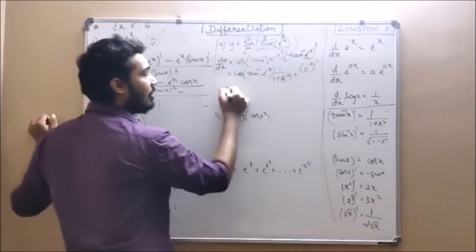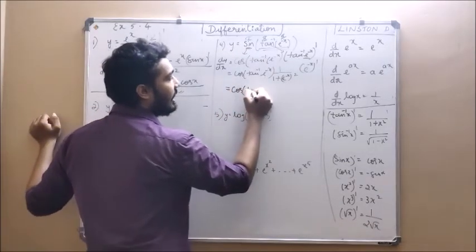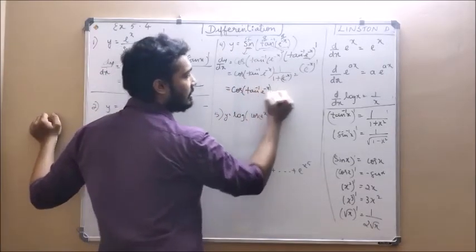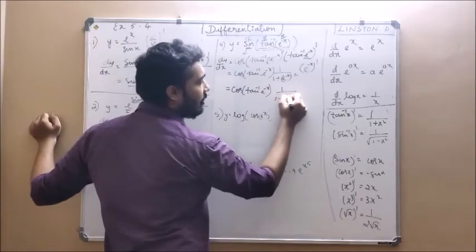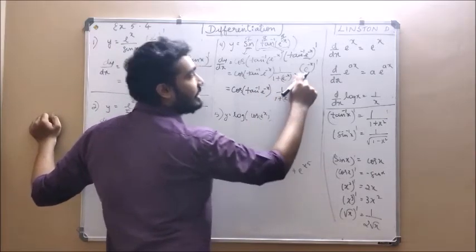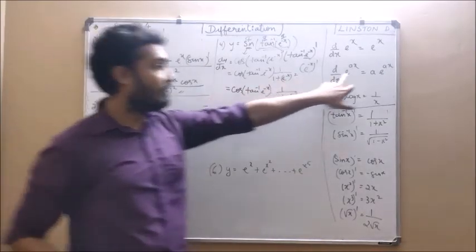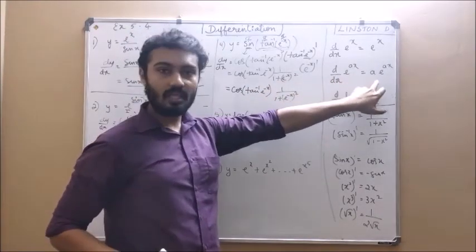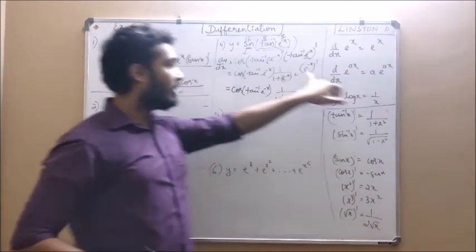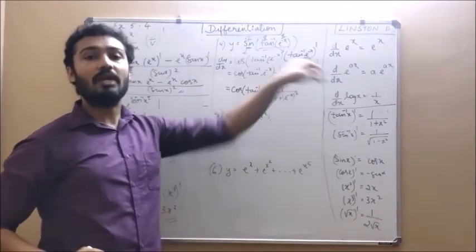So this is cos of tan inverse e power minus x, into 1 by 1 plus e power minus x the whole square, into the differentiation of e power minus x. The differentiation of e power ax is a into e power ax. If there is any coefficient of x, you multiply by the coefficient.